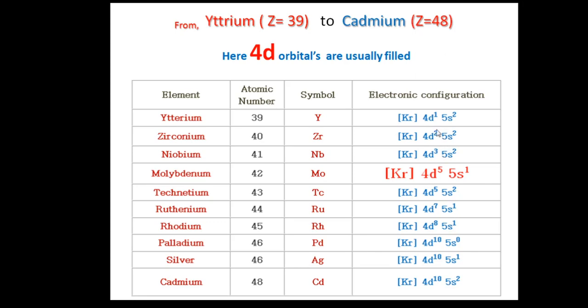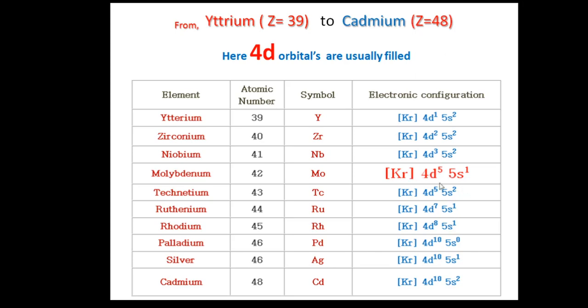In the 4d orbital, the electron count increases by one single electron, and when it increases by one unit, the 4d becomes 4d4. After becoming 4d4, the adjacent 5s2 orbital shares its electron with the 4d, and this 4d4 becomes 4d5.